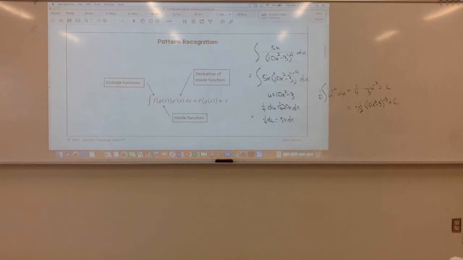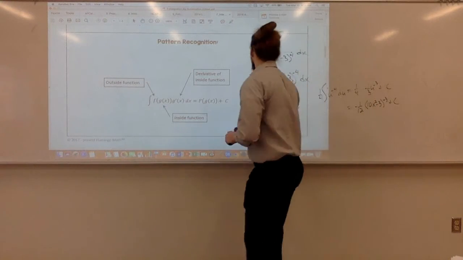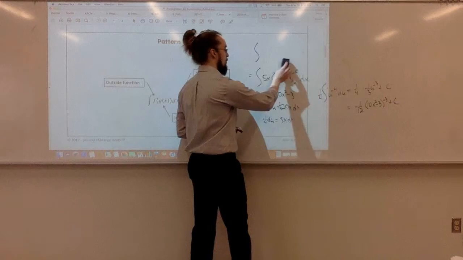Get negative 1/12 times (10x squared minus 3) to the negative 3rd plus c. Alright, one more.